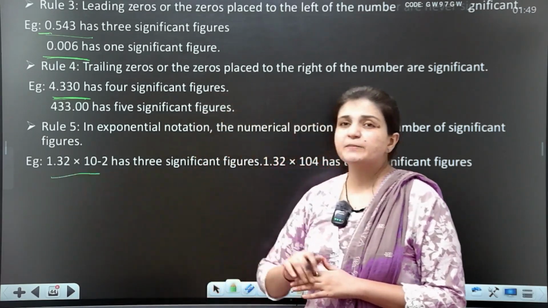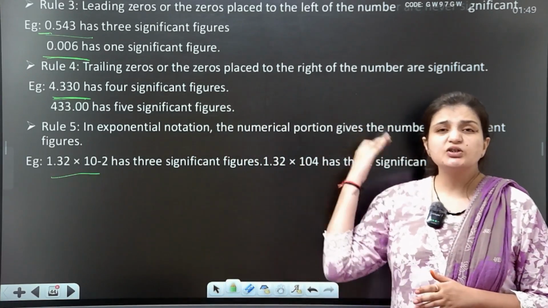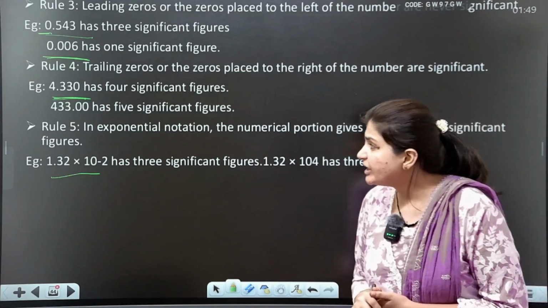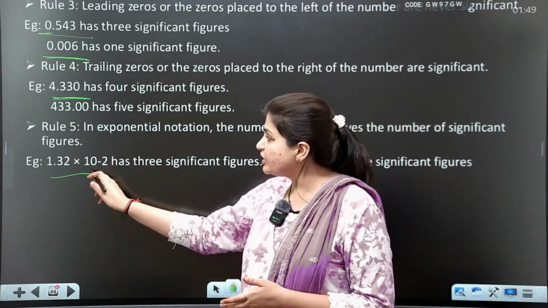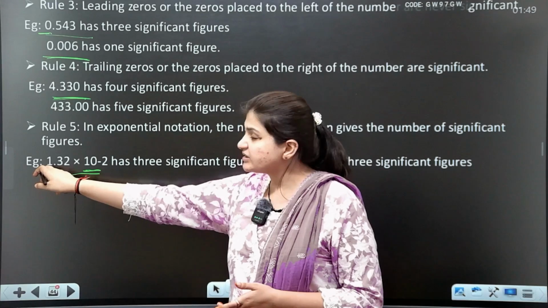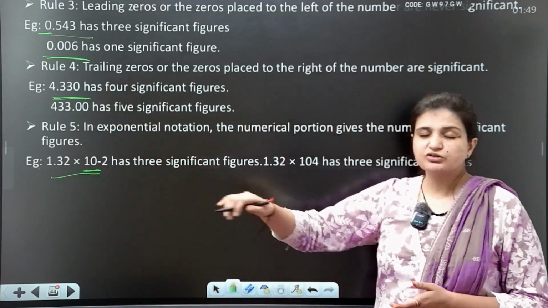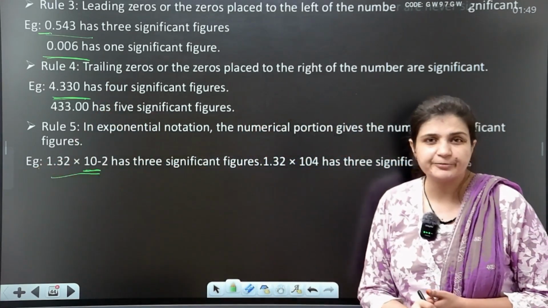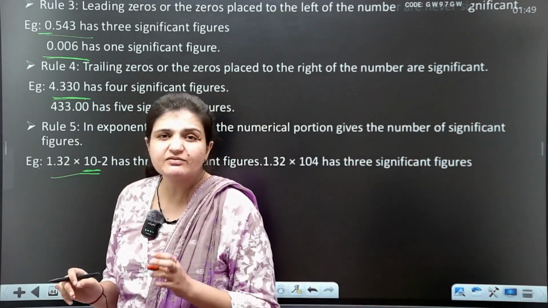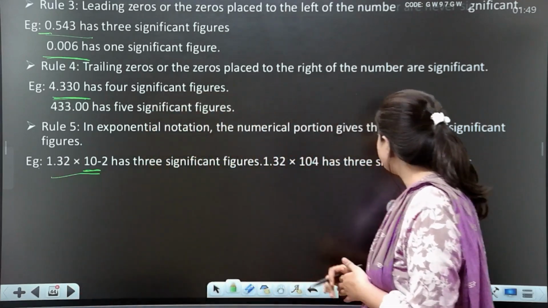In 1.32 into 10 to the power minus 2, the zeros are at the initial level, so they will not be counted. Only the zeros coming in the initial leading positions are not counted.